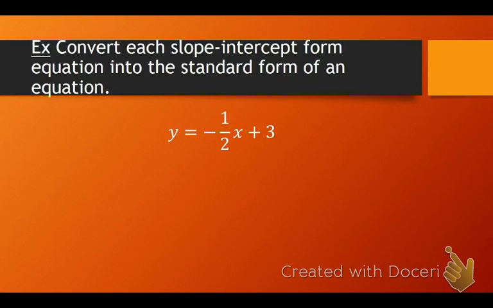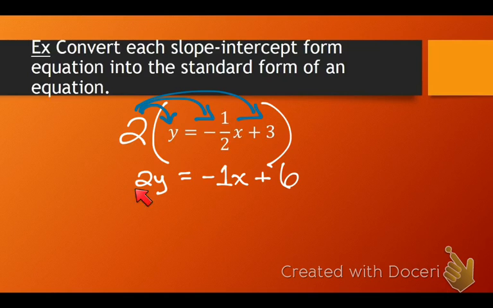I have a question. First step, we're going to multiply everything by whatever is in our denominator. If we have one, we're going to multiply everything by that denominator. So multiply everything by 2. So I'm going to completely distribute that 2 everywhere. So the first step, get rid of your fractions by multiplying both sides by the denominator.